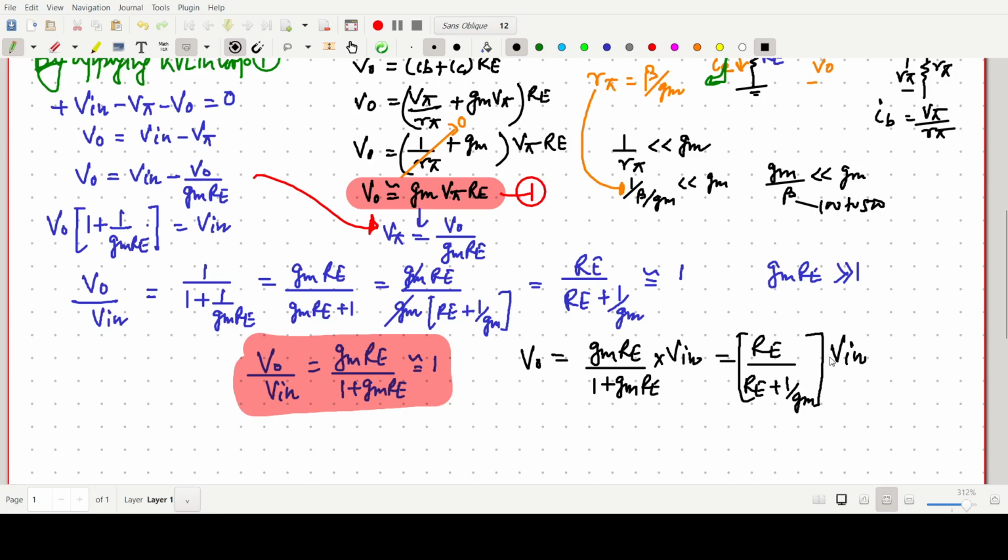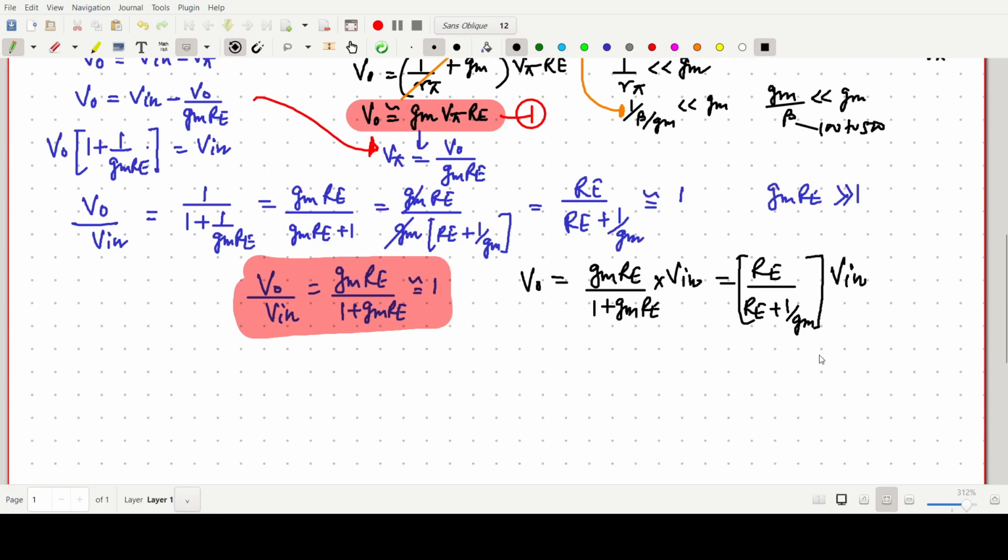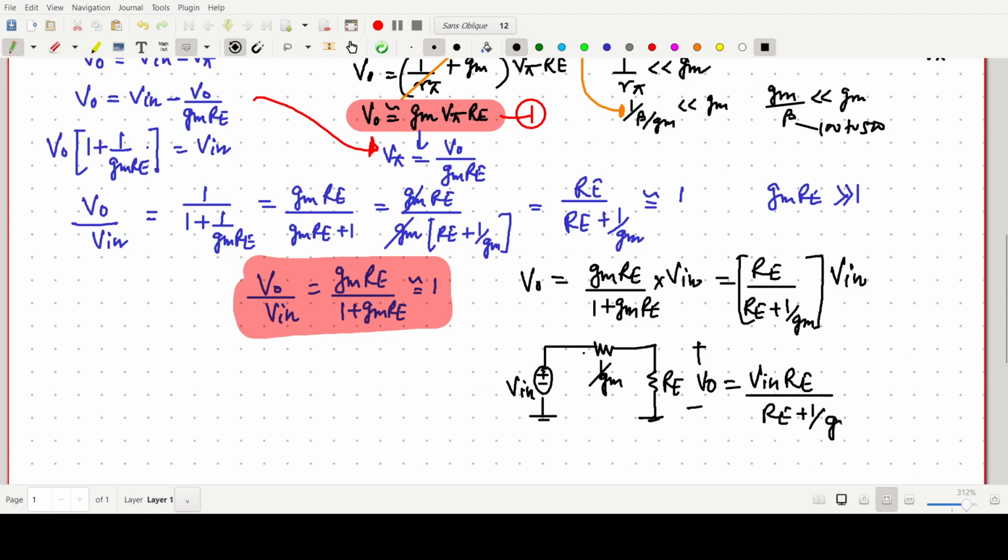So we can write it like that. For this circuit, if this is our V input, there will be 1 by gm and RE. So V naught equals V in into RE, by the voltage division rule, divided by RE plus 1 by gm.